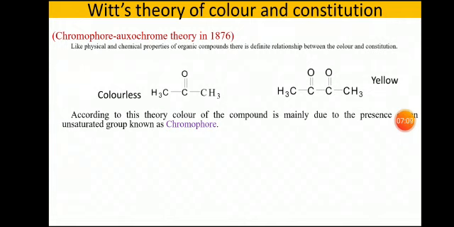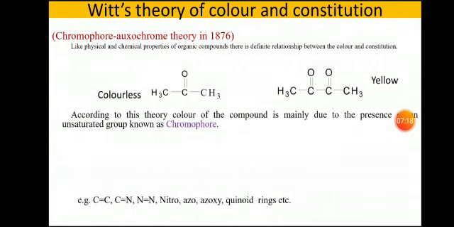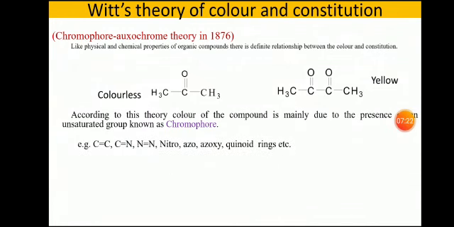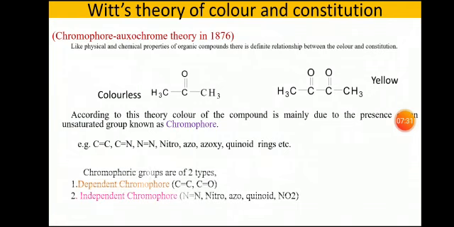According to this theory, the color of a compound is mainly due to the presence of an unsaturated group known as a chromophore. Unsaturated functional groups like C=C, C=N, N=N, nitro, azo, azoxy, etc., present in a compound are known as chromophores. They give color to the compound. Now chromophores are of two types.